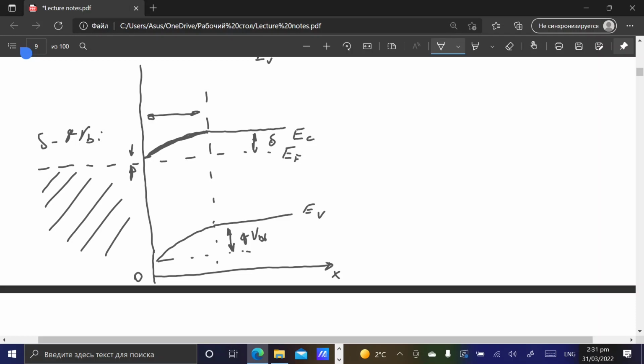Means that such a contact will possess, first of all, small resistance, because this resistance will be much smaller in comparison to neutral region of the semiconductor, since we have much higher concentration of free electrons. And on top of that, there will be small bias dependence of such resistance.